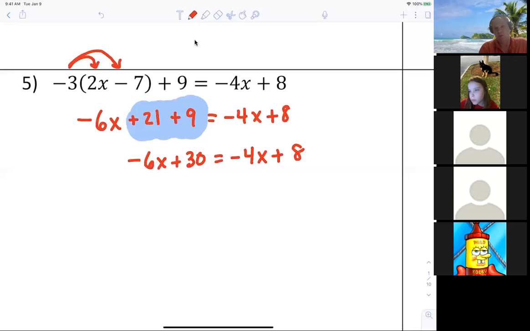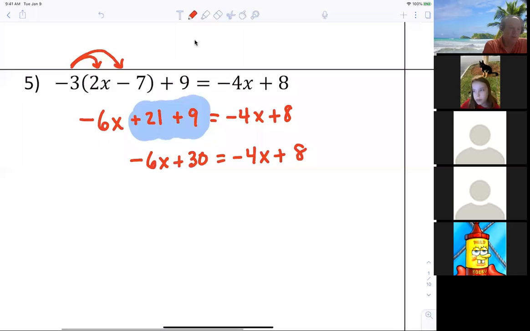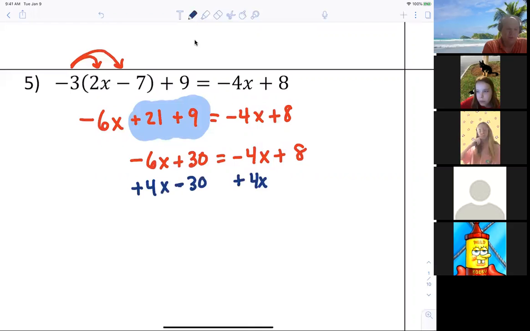Anybody have any issues? Variables on the left, numbers on the right. So I need to move the -4x, positive 4x, minus 30, minus 30.